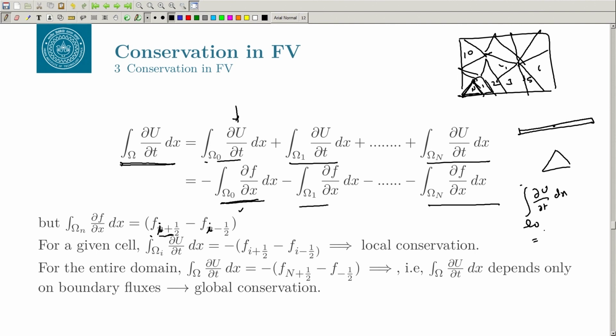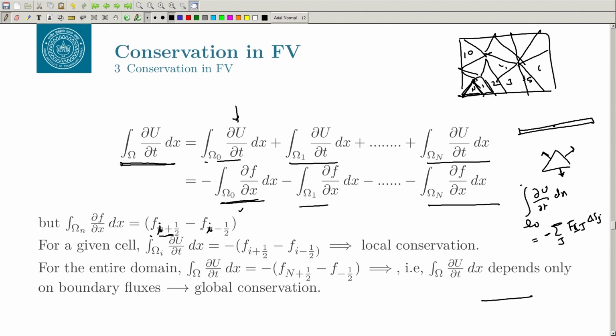That will become, across each face, f perpendicular j delta s j, for all j, and it will be negative. So, basically we will loop over all the faces and calculate the changes happening at the interface.